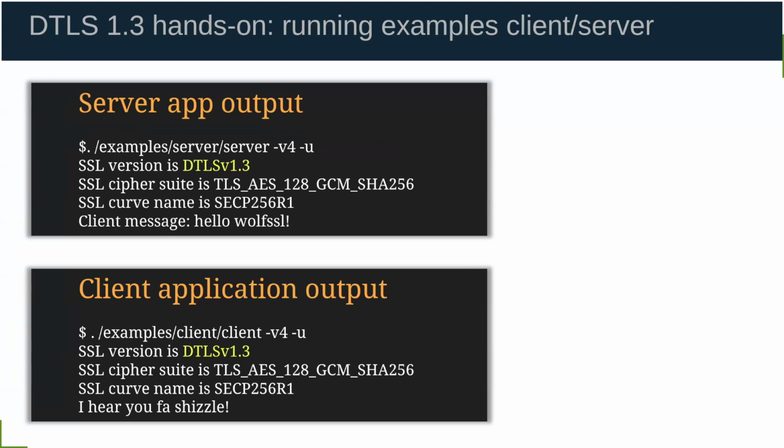If you run that command, you will see that the example exchanges a very small message. The client sends "hello wolfSSL", and the server replies with "I hear you fa shizzle". You can see here that the version used is DTLS 1.3. You can see also that the cipher suite uses TLS with an AEAD method using SHA-256 and the curve used for authentication.